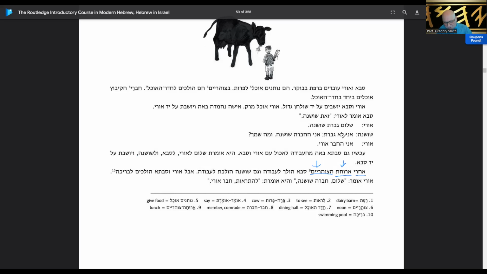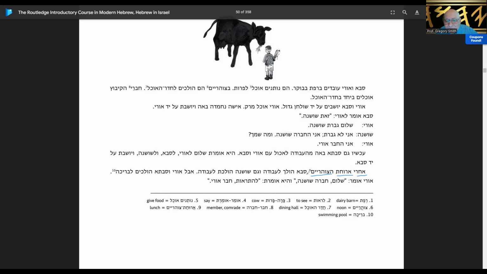It's taken me a while to just get it memorized. Yeah, that's right. Hatsohorayim. Look at that one. Aruchat means the meal, and hatsohorayim means like the noon meal. So it's like lunch. Aruchat hatsohorayim is lunch.